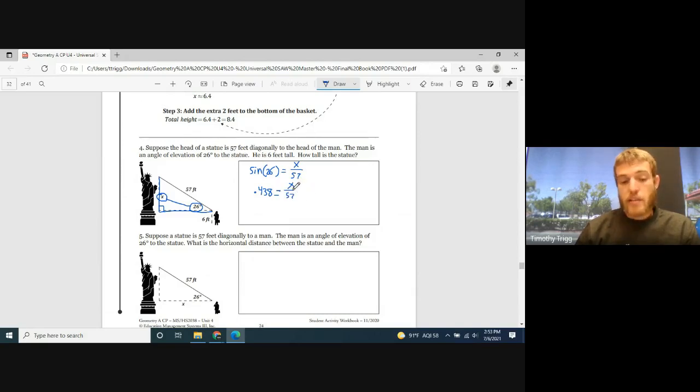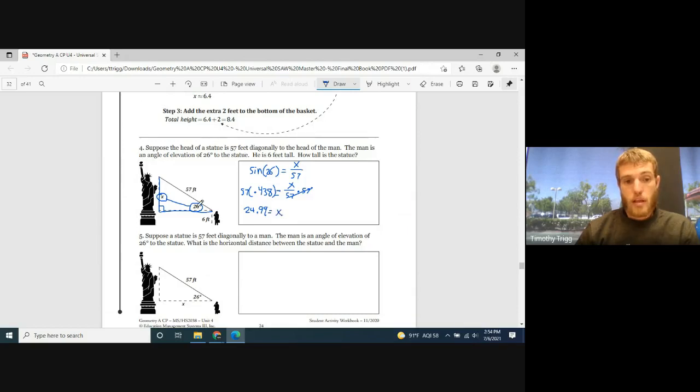Now to get x by itself, to cancel out the fraction, you always multiply by the denominator. So that gives us 24.99.